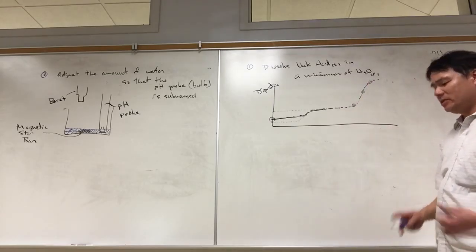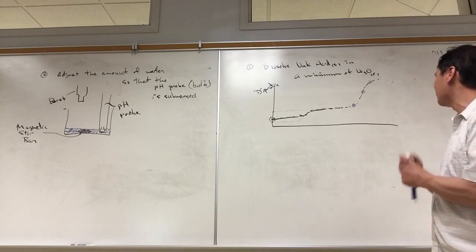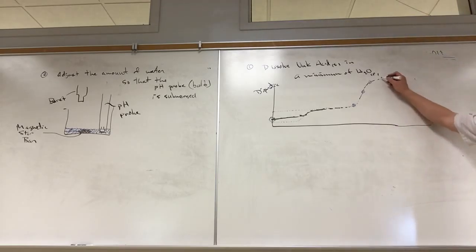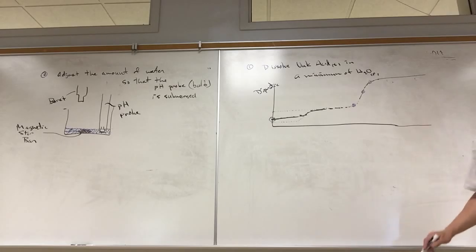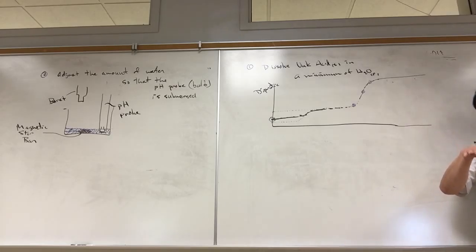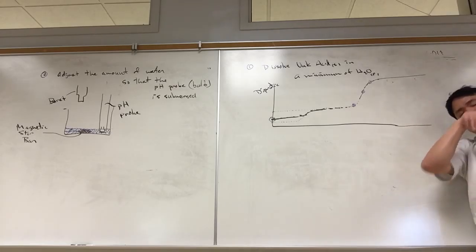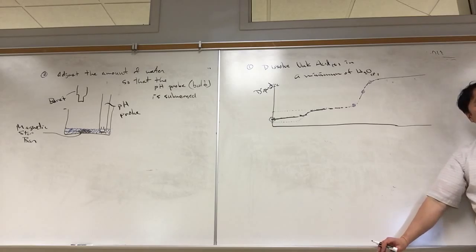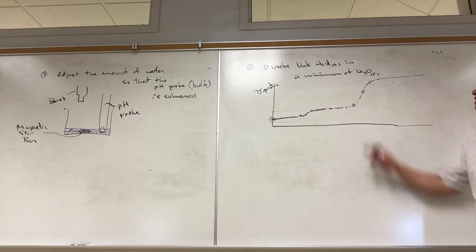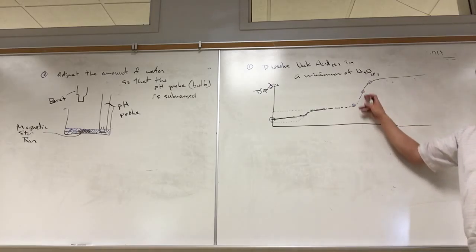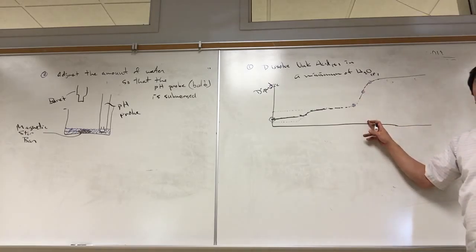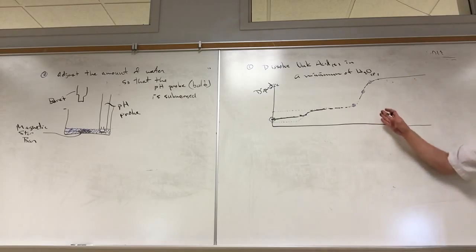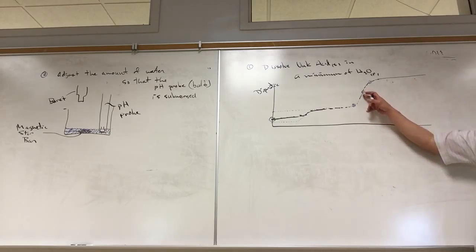Well, in a typical titration, how many milliliters of titrant do you usually use? Your burette holds 50 milliliters, and so you typically hit the end point around how many mils? 35, 40 mils, maybe 45 mils here. But what we're not going to do is stop when we hit the end point.